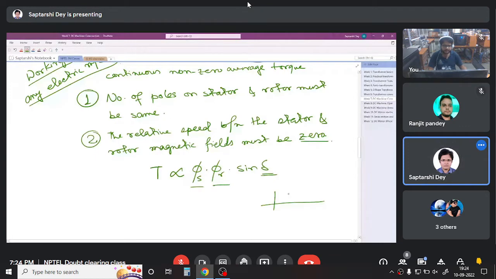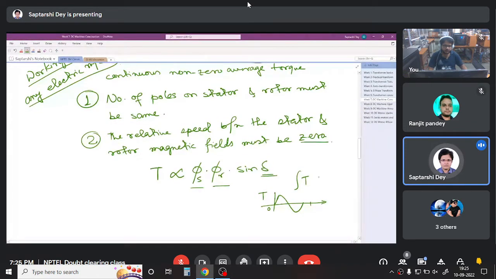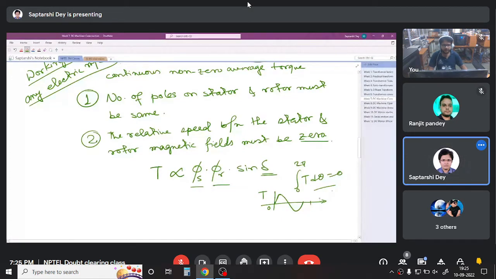So the torque is a sinusoid, and if you integrate a sinusoid over a complete period, you get 0. That is why the relative speed between the stator and the rotor magnetic fields must be 0.